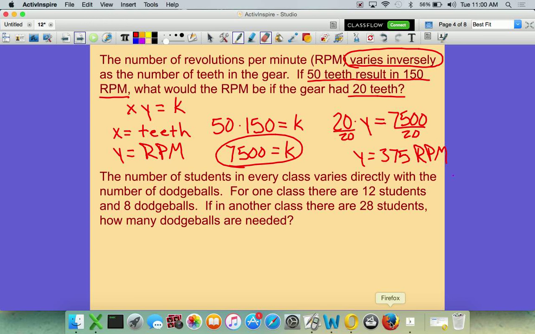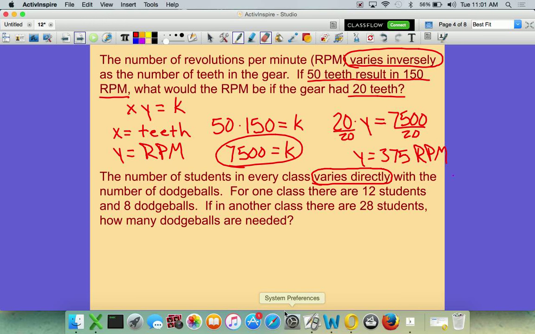The number of students in every class varies directly with the number of dodgeballs. For one class, there are 12 students and 8 dodgeballs. If in another class there are 28 students, how many dodgeballs are needed? Now there's two different ways to do ones that are varies directly. Varies directly, you can set up proportions with this.